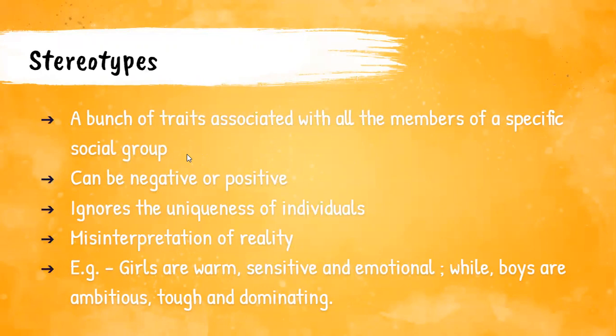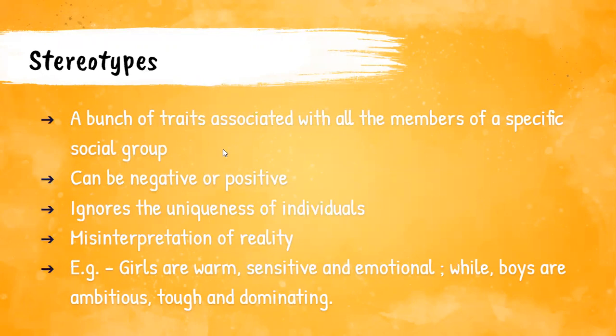So, are all people in Delhi bad drivers? Are all the girls criers? Are all boys very athletic? No, they're not. And what did I do? I fit a very, very big group into one sentence. It can be negative, positive, anything. But the fact is that it's a bunch of traits associated with members of a particular group.